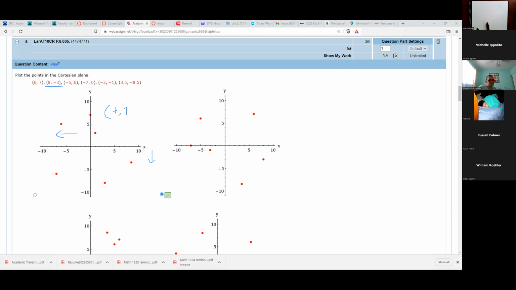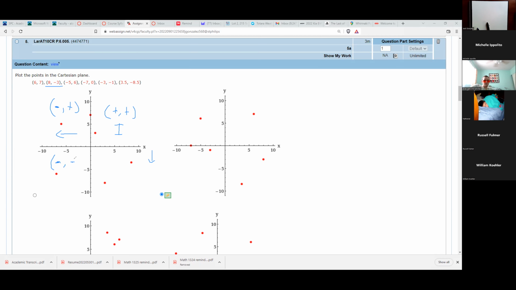This little quadrant, this corner, we call this quadrant 1. And we go counterclockwise. This over here is negative comma positive. So everything here on the x is negative, right? Everything down here is negative.